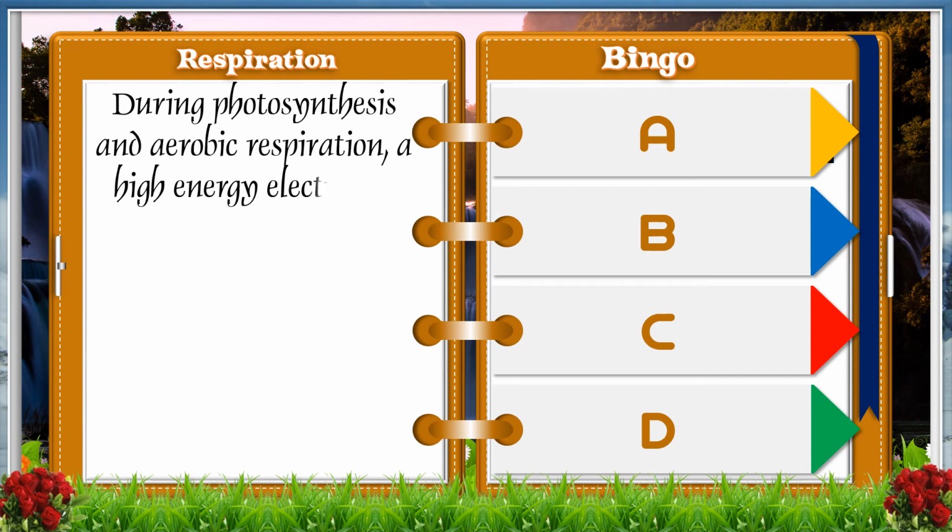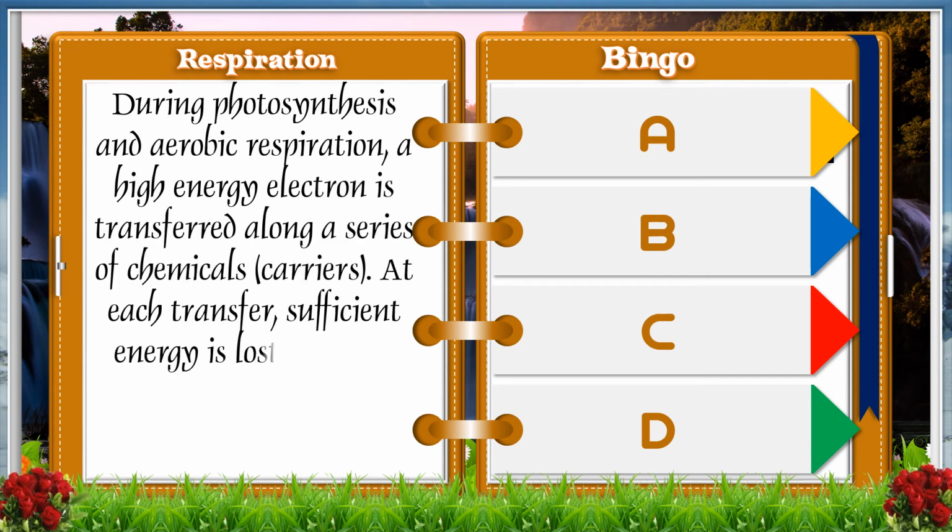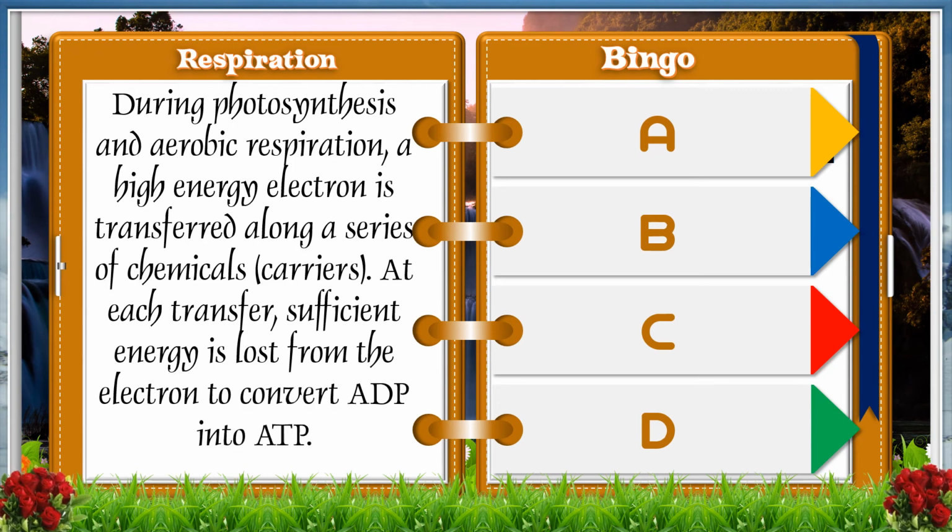During photosynthesis and aerobic respiration, a high-energy electron is transferred along a series of chemicals. At each transfer, sufficient energy is lost from the electron to convert ADP into ATP.